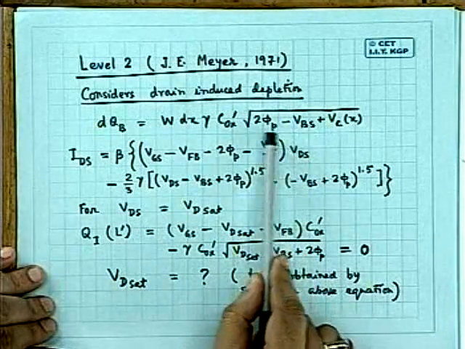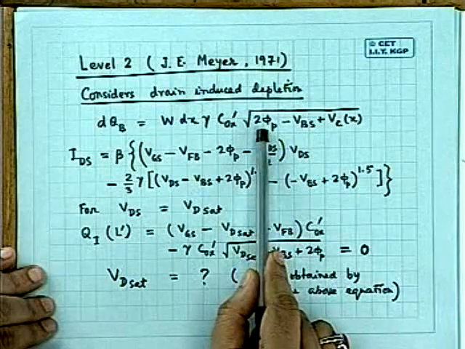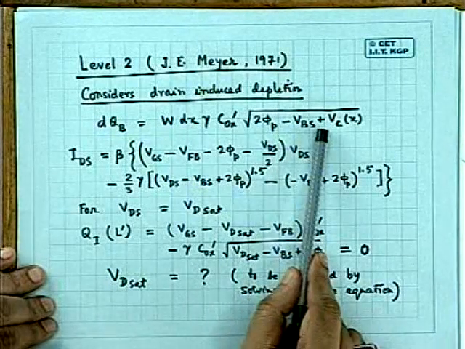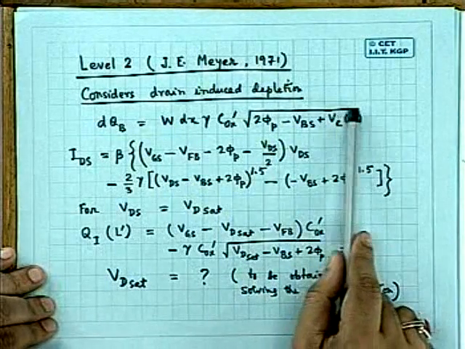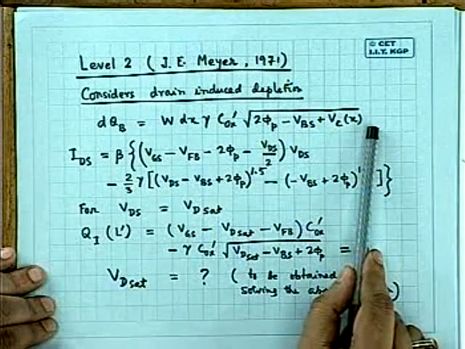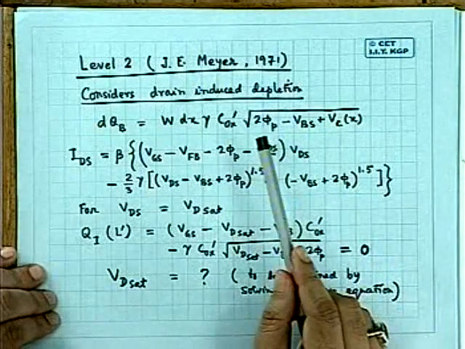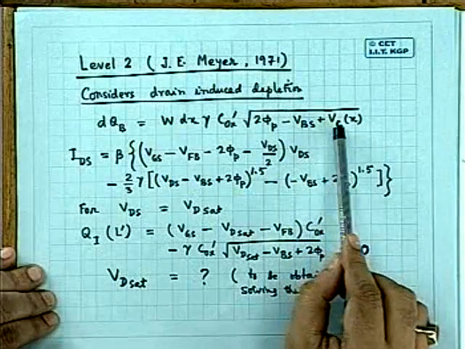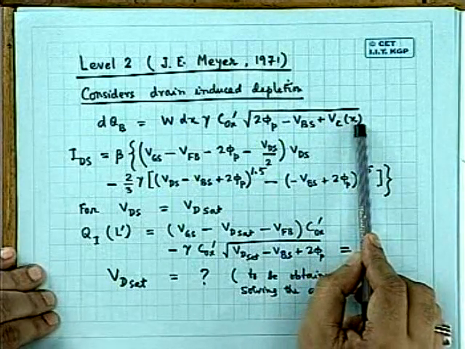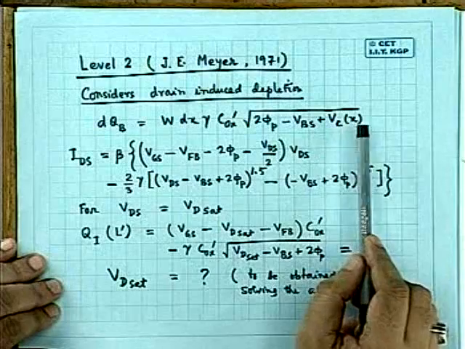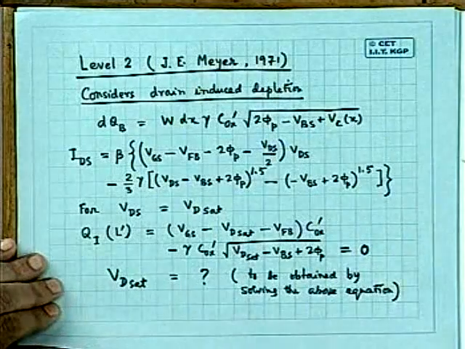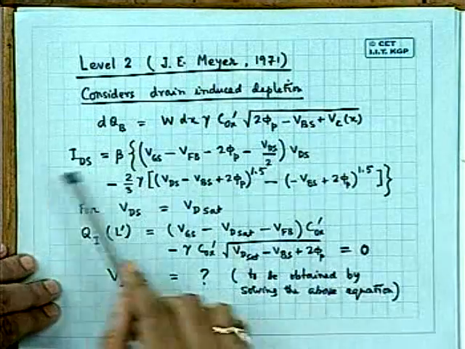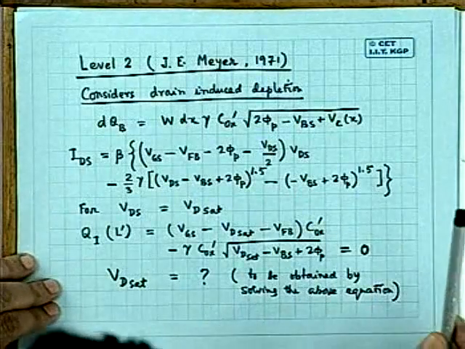Only thing is that twice phi p minus VBS is the usual thing if I ignore the drain-induced depletion, but taking into account the effect of drain-induced depletion, this plus VC(x) term comes, which is the channel potential at x with respect to the source. And ultimately, this was derived earlier.